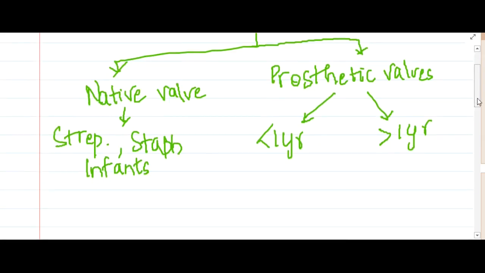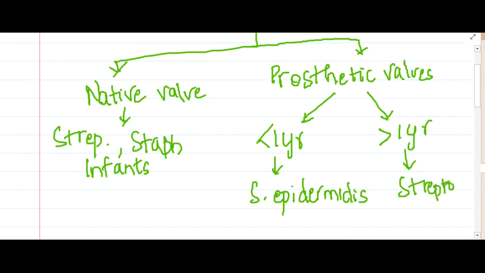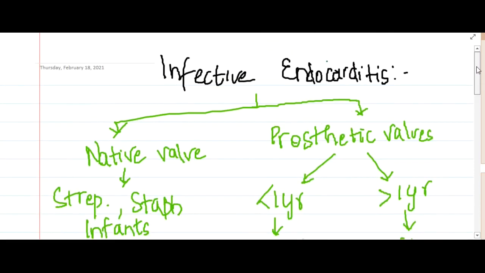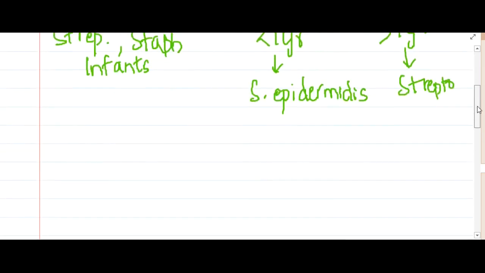If it is less than 1 year, it occurs due to Staphylococcus epidermidis, whereas in more than 1 year it occurs due to streptococci. So, these are the causative organisms of infective endocarditis.